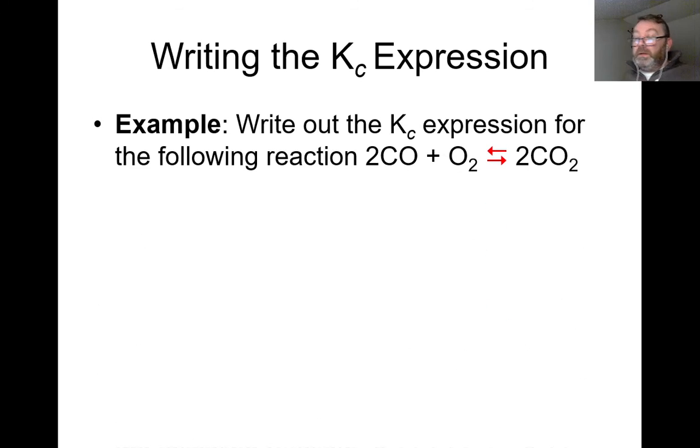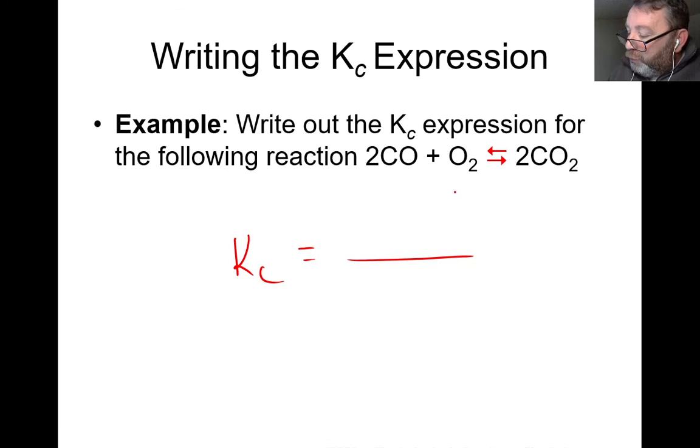One more. Write out the Kc expression for the following reaction. 2 moles of CO, carbon monoxide, plus 1 mole of oxygen gas sets up a dynamic equilibrium with 2 moles of CO2. Now, what's Kc? Kc is a fraction. On the top of the fraction, you put in the concentration of carbon dioxide raised to the power of its coefficient, 2.